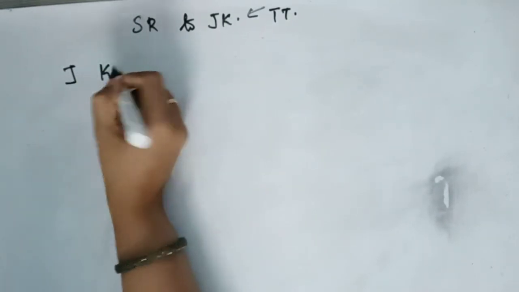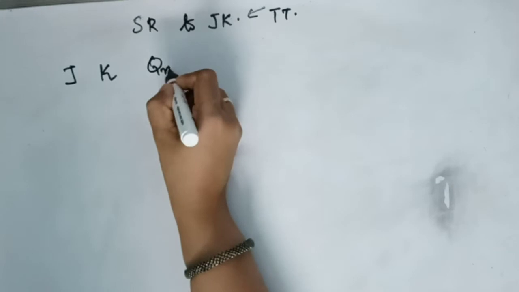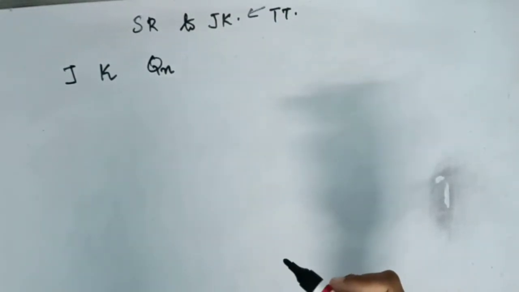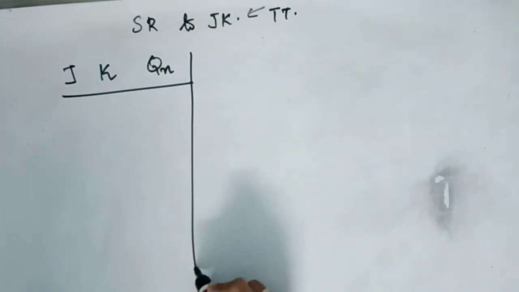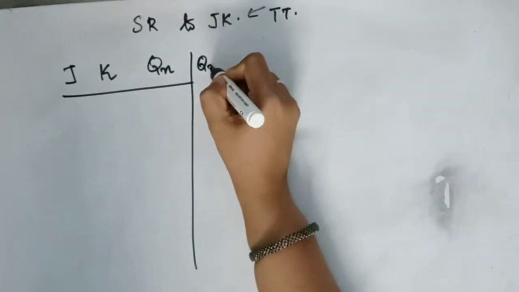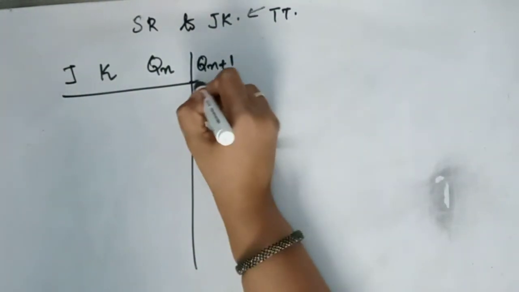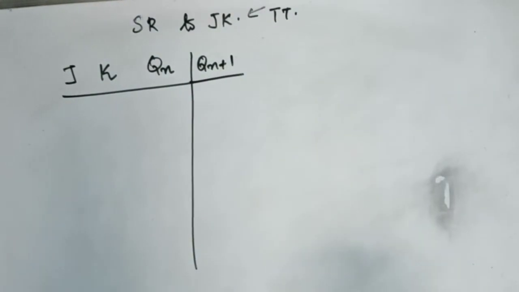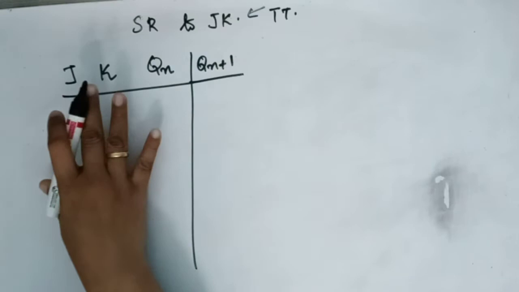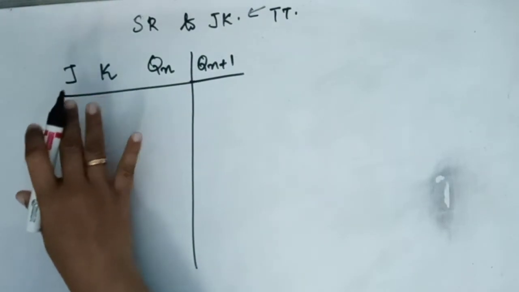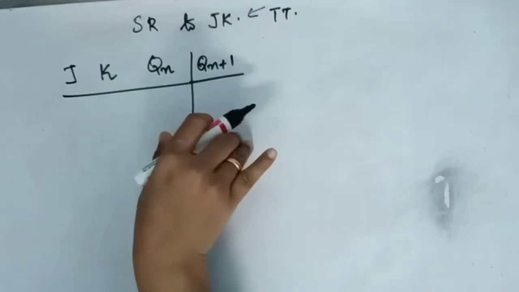So J, K, QN, and you will write QN plus 1. As far as the truth table is concerned, J, K, QN is known, and QN plus 1 you are going to write.